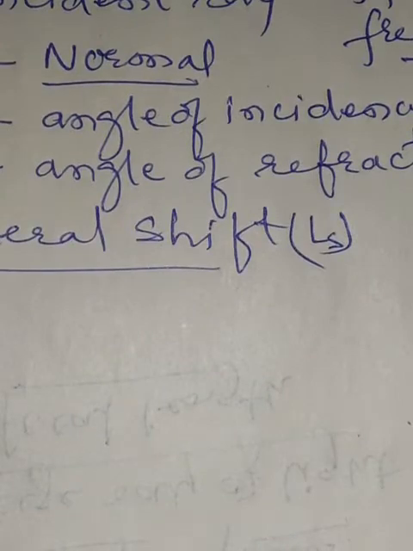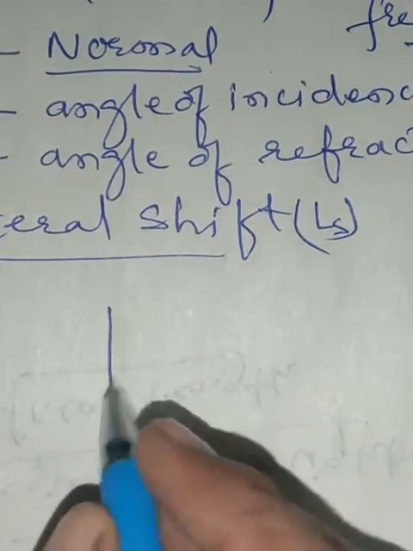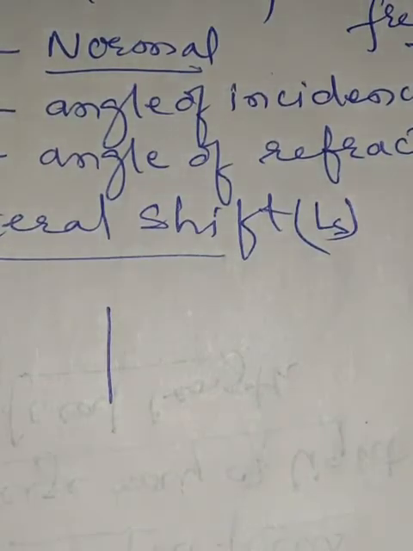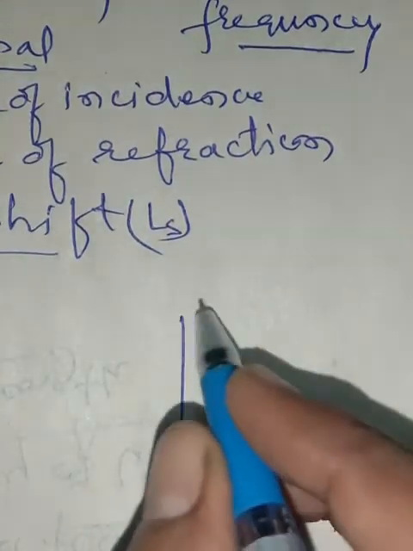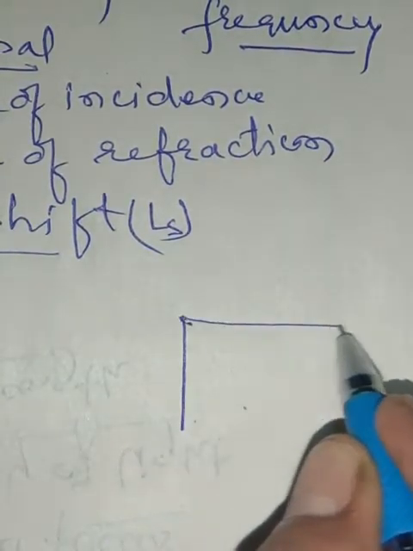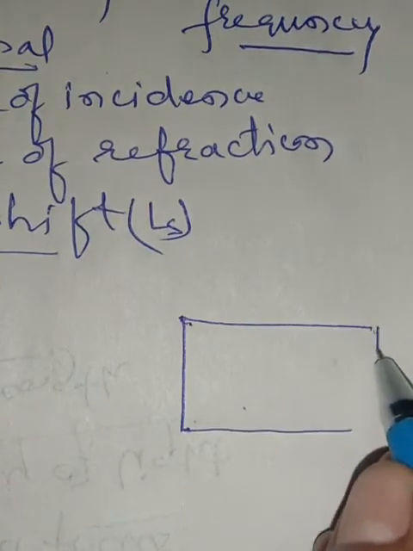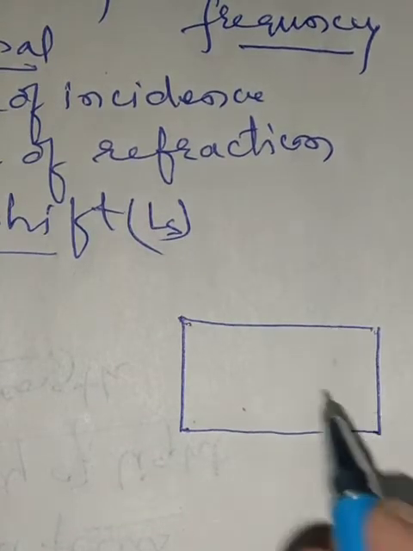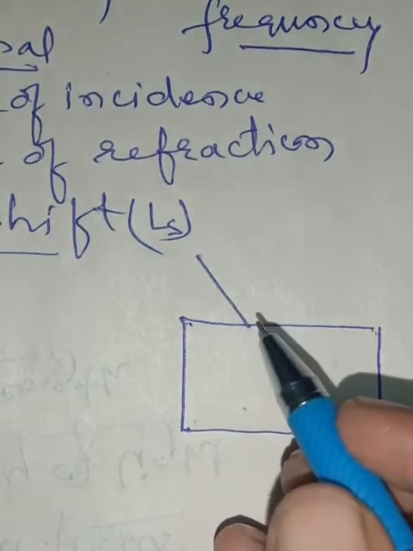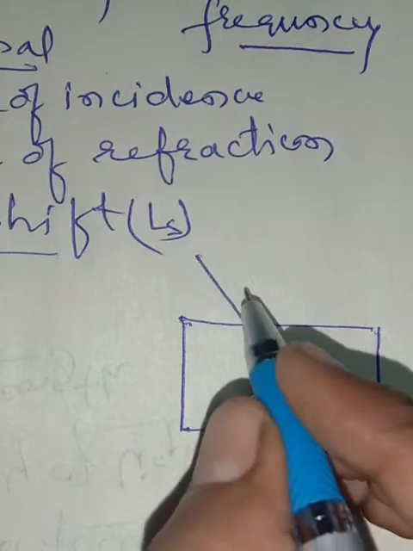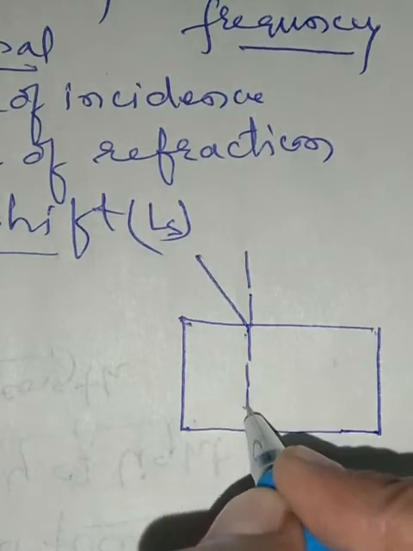Take one example: a parallel sided glass slab we will consider. In this glass slab we take this as an incident ray, and this is the normal.